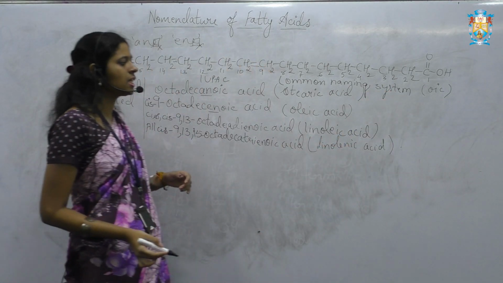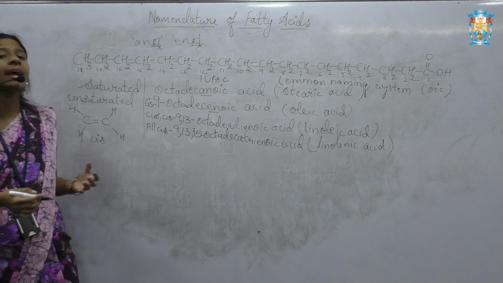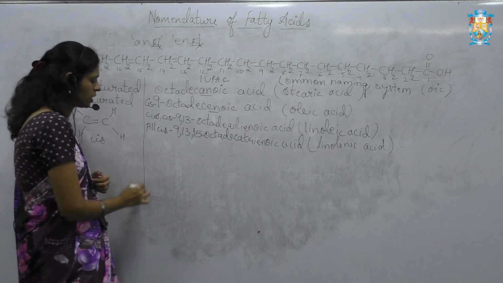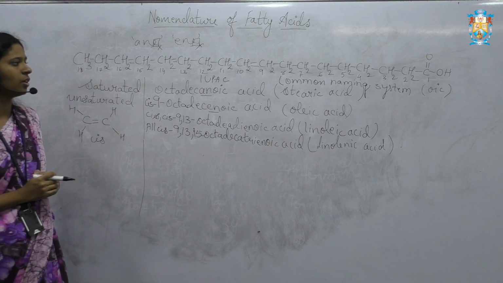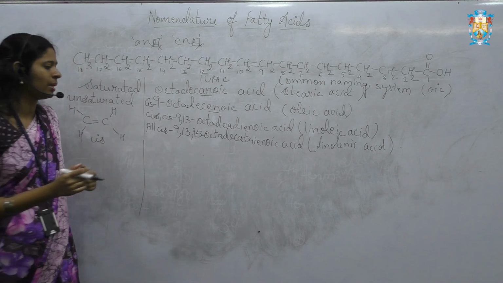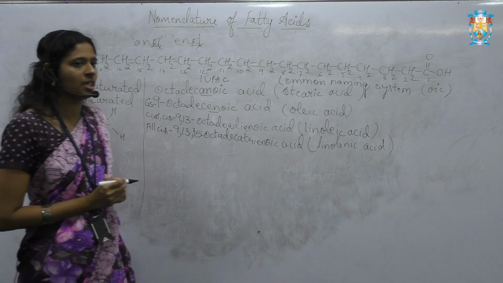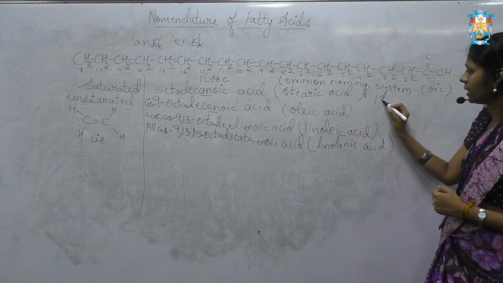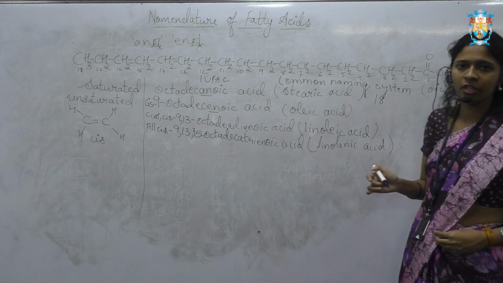For fatty acids, there is also a shorthand representation system. So let's see the shorthand representation system. Since there are 18 carbon atoms, in shorthand representation we simply write 18.